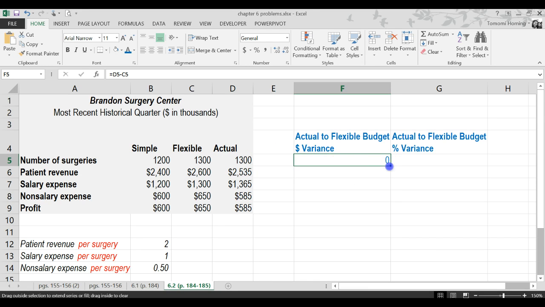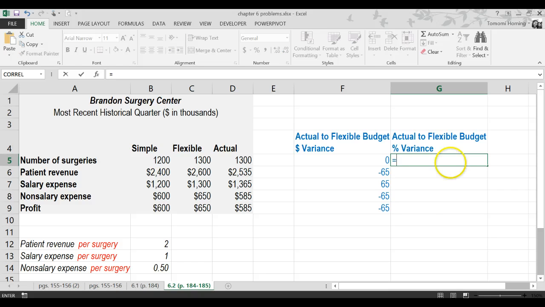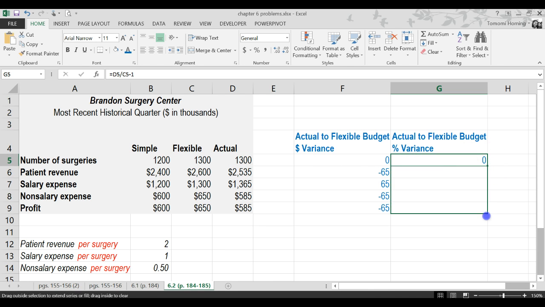We can copy that down. And in terms of a percentage variance, it's the actual divided by the flexible minus 1. Again, use autofill to complete that.